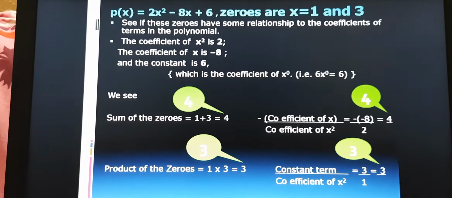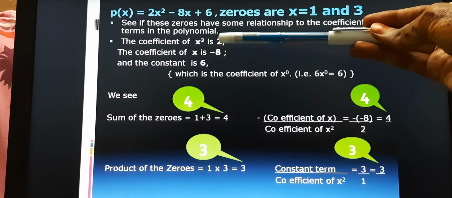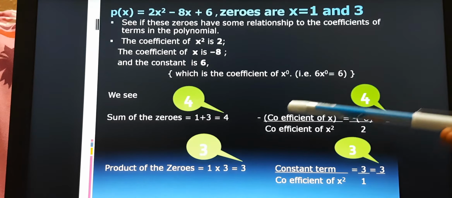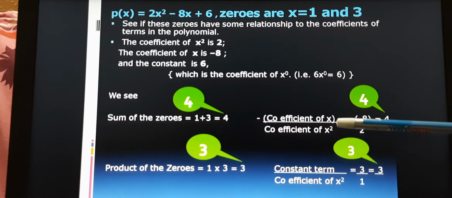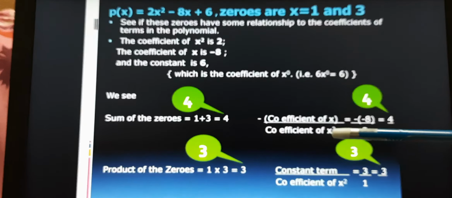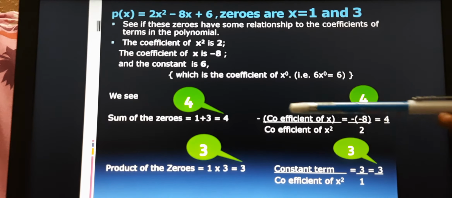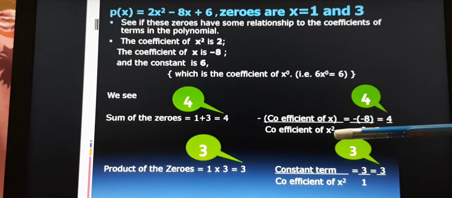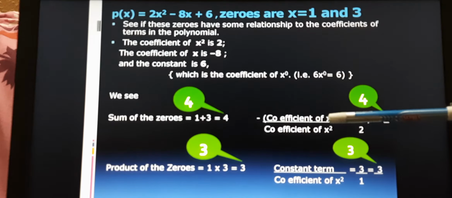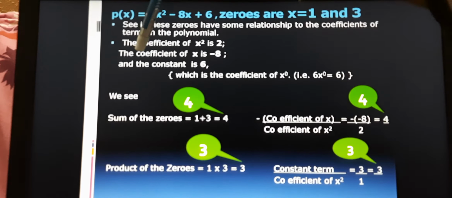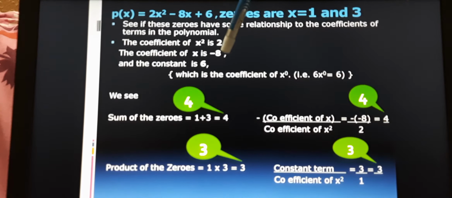In the same way, we take the coefficients. First I'll take minus coefficient of x divided by coefficient of x square. The coefficient of x is minus 8.